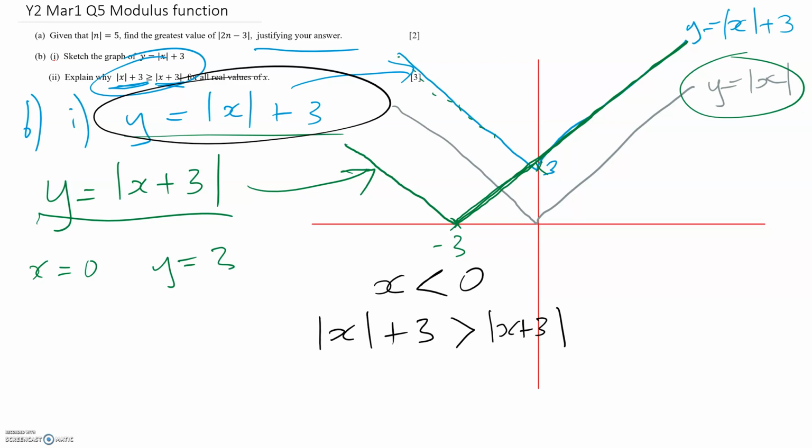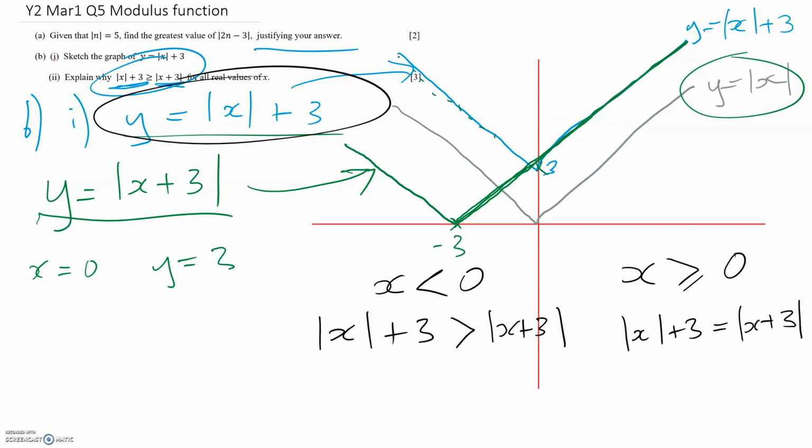And you can see over here, when x is greater than or equal to 0, it doesn't matter, you could put equal to 0 here, the two graphs are the same. So modulus of x plus 3 equals modulus of x plus 3.